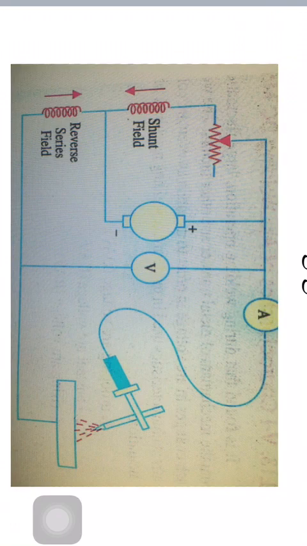Here, the workpiece can be made positive and the electrode negative, or if the workpiece is negative, the electrode will be positive.